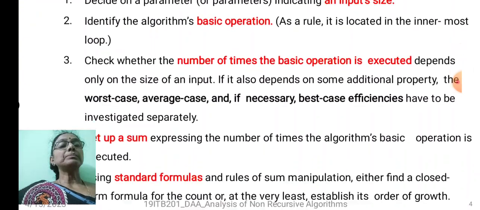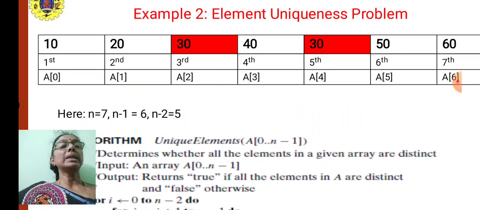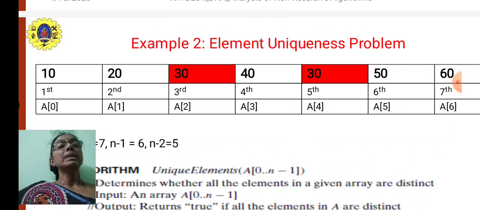The next example we can analyze non-recursively is the element uniqueness problem. What is that problem? For the given array, we have to find out whether the elements are unique or distinct. If all elements are distinct it returns true, otherwise it returns false.